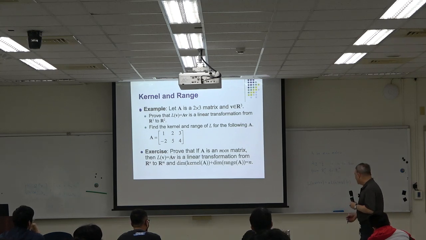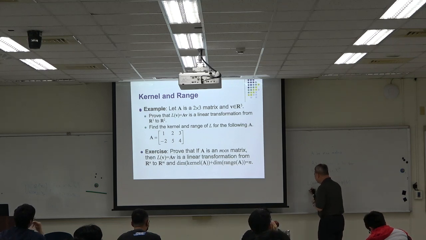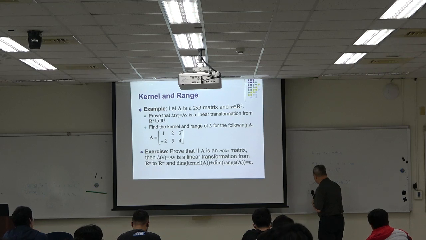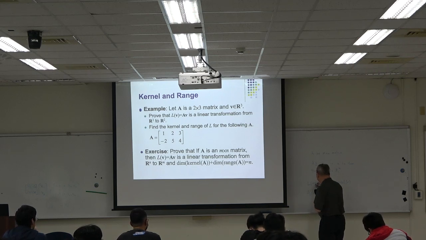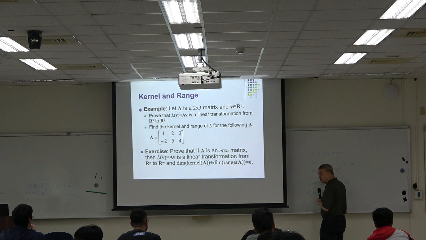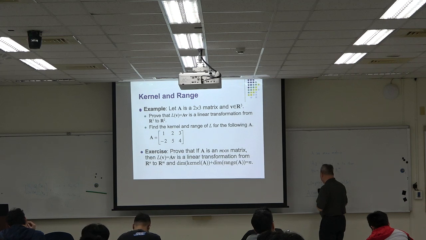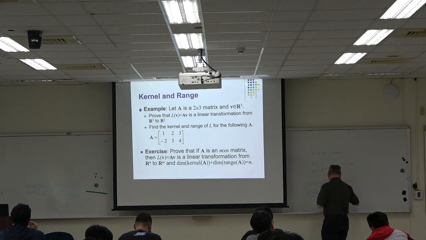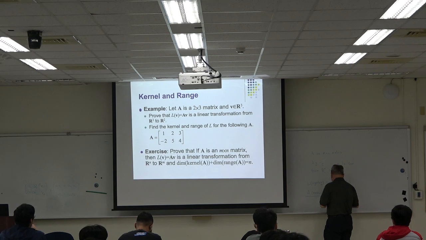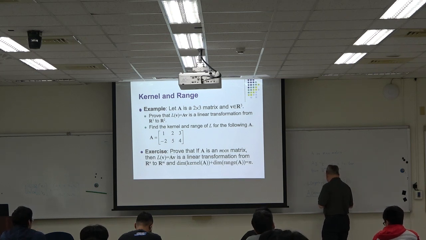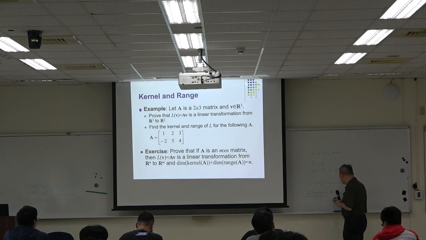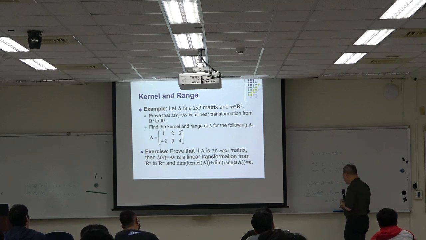Then A times (aU plus bV), where U and V are vectors in Rn, equals a times AU plus b times AV, and you can get the lowercase a out: aAU plus bAV, right?